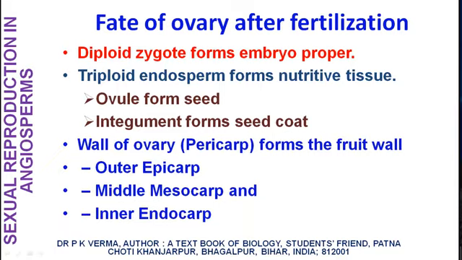The mesocarp forms pulp, and the endocarp forms a stony hard layer. That is, the true seed coat is inside it, and the outer hard layer is made of endocarp of the fruit wall.